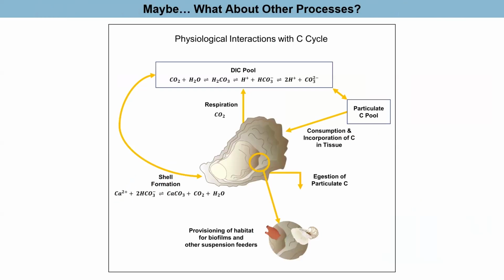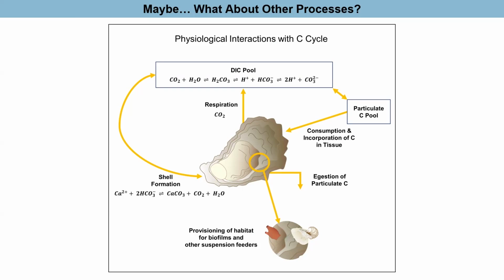And so that example I was just showing was based on measurements made right in that little system, where we had that different structure, this different habitat. But oysters and other organisms are also doing a lot of other things. Right? We're forming shell, and we're changing the carbonate cycle.